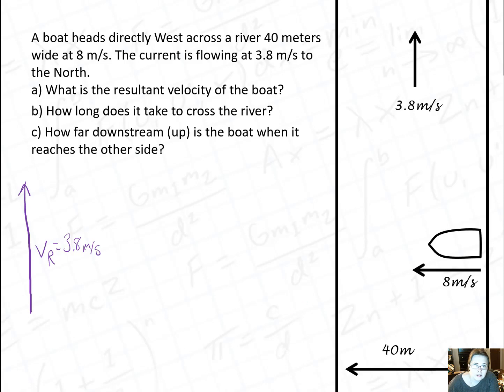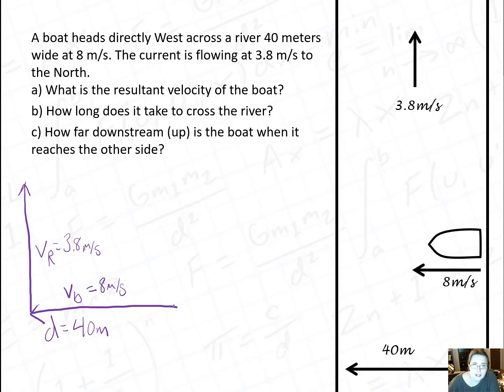Then this is 40 meters. And if you notice, this is a distance, and I'm putting all the distances on the outside and all the velocities on the inside. Then this is a velocity, V sub b, the velocity of the boat, and it's 8 meters per second.